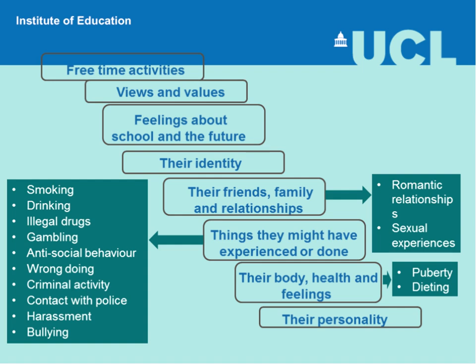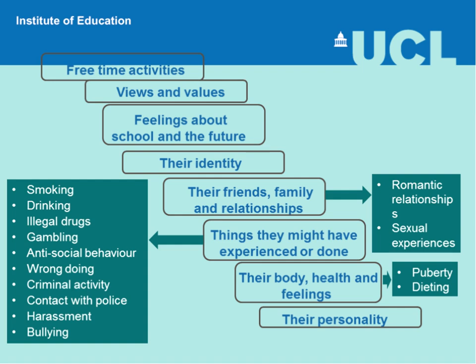We're also asking questions about how they see their identity in terms of their religious identity, their ethnic identity, and also a lot of questions about their friends, family and relationships, which includes more sensitive questions on romantic relationships and also sexual experiences.